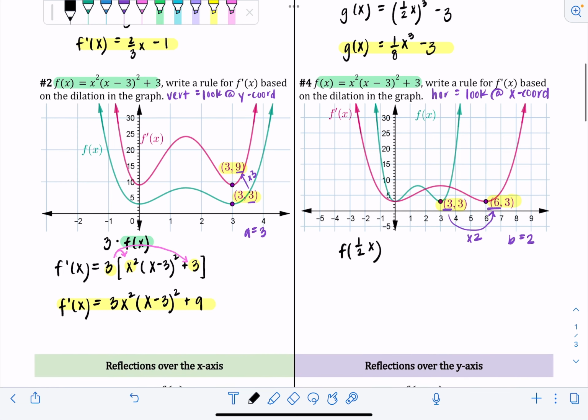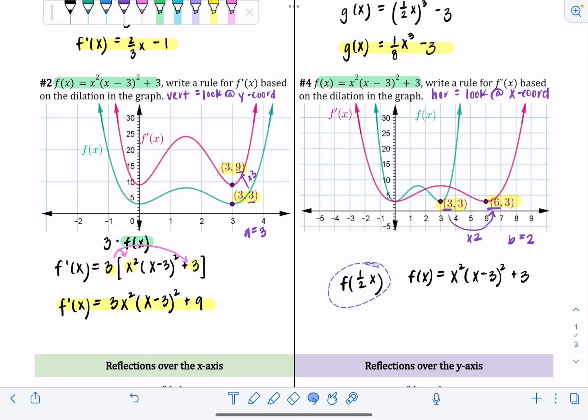And then now I just need to actually incorporate that into my original function. So for this one, I'm going to rewrite the original function really quick, just because it is a little bit more complex. So it's f of x equals x squared parentheses x minus 3 squared and then plus 3.